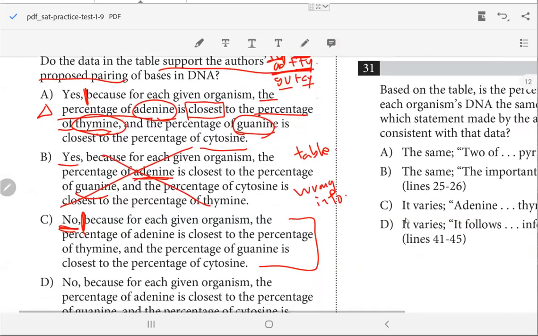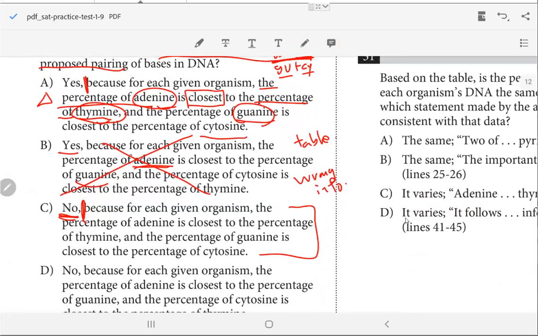Of course, it's yes, because it's closest so that they can pair up, rather than it's closest so they cannot pair up or they do not pair up. It's nonsense, right? Of course, it's yes. Because adenine and thymine must pair up together, and they are the closest as well. And guanine and cytosine must pair up according to the passage.